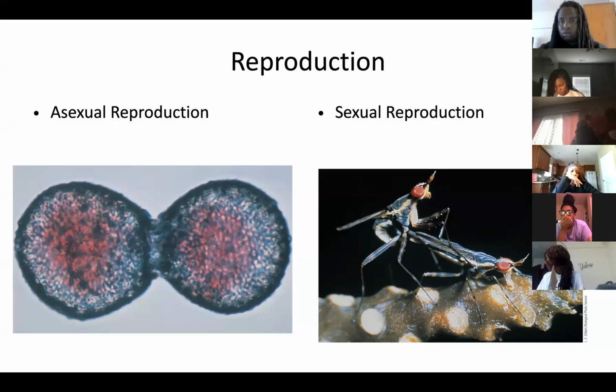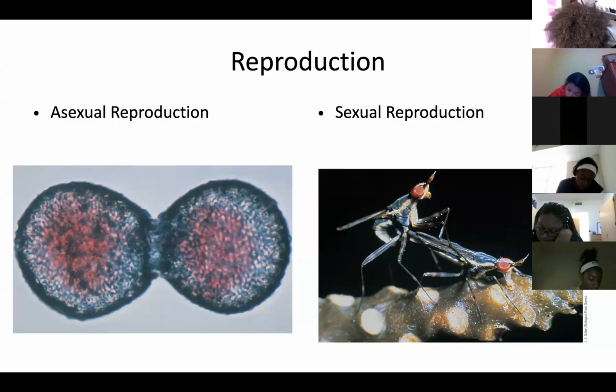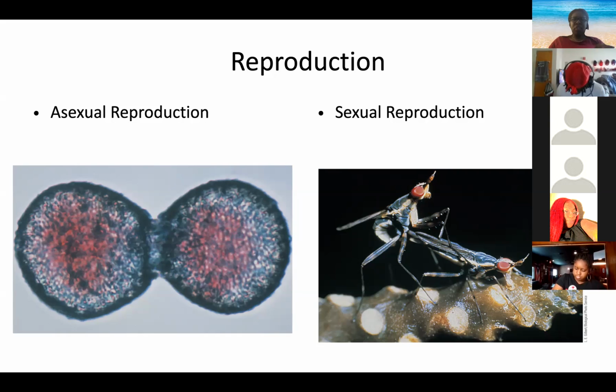Okay, so two major distinctions here. Asexual reproduction is only going to require one parent, whereas sexual reproduction, if you just think about sex or copulation, that's going to require two parties. Okay, asexual reproduction is typically a faster form of reproduction, where you're basically going to just duplicate what's there.